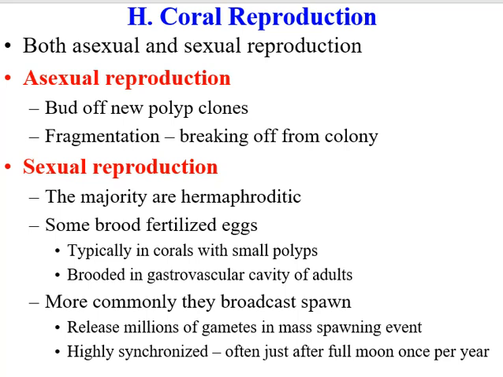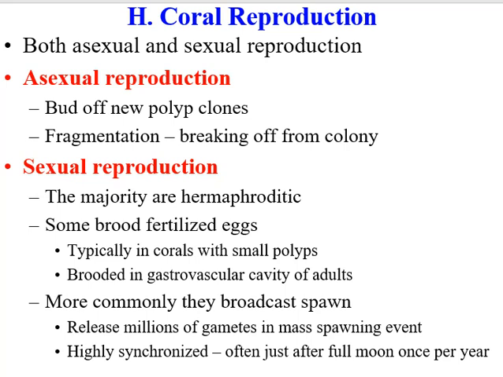Most of these have male reproductive organs and female reproductive organs. And so they produce sperm and they produce eggs, two different types of gametes. Those go into the water, and then the eggs are fertilized by the sperm. You've got a bunch of different individuals that are producing eggs and a bunch of different individuals that are producing sperm.